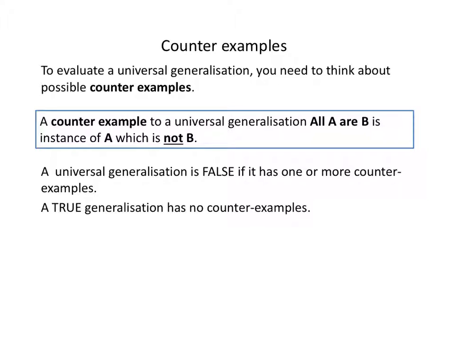So if we have the generalisation all A's are B's, a counterexample would be an A which wasn't B. That would show that not all A's are B's, and that therefore the generalisation is false. So a universal generalisation is false if it has some counterexamples. A true generalisation has no counterexamples.